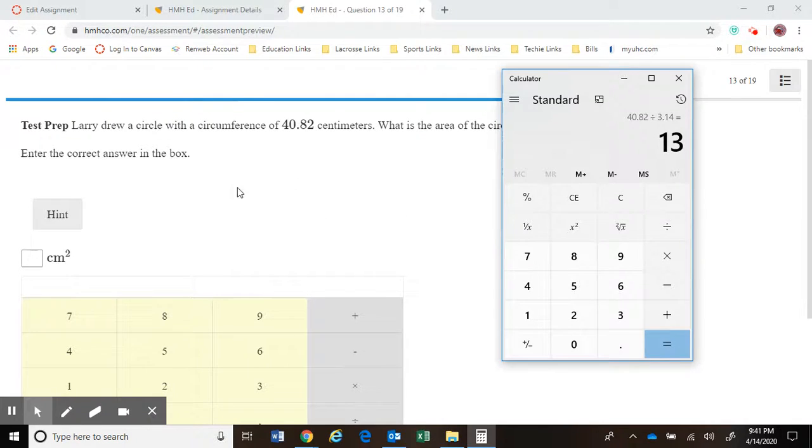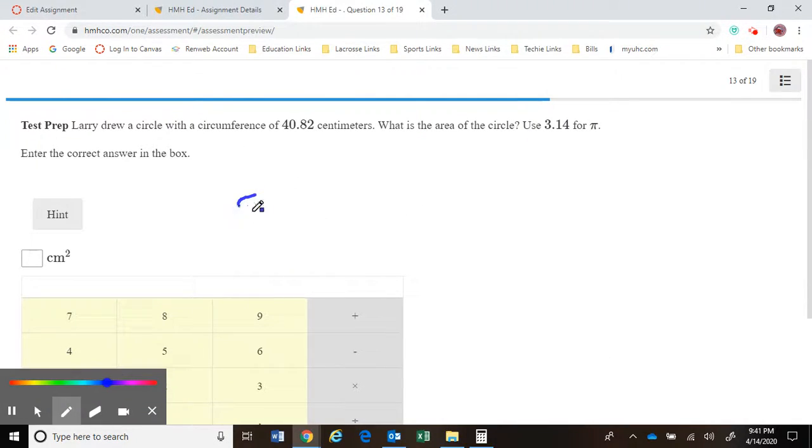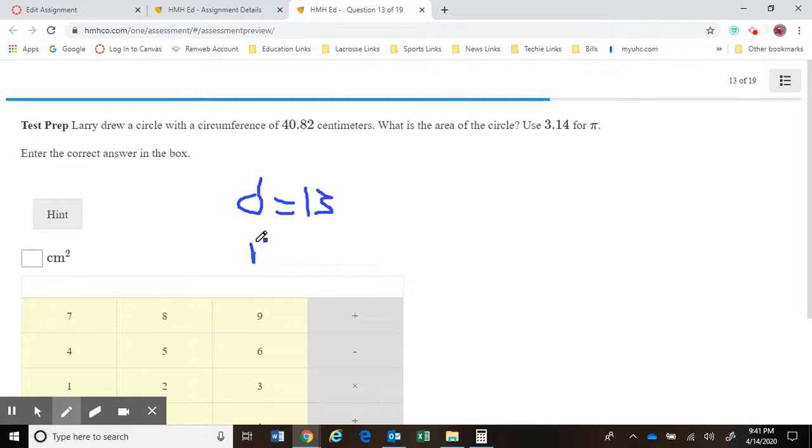That tells me right now my diameter is 13. That means my radius is 13 divided by 2. It's 6.5. And make sure you could read that, 6.5. Now I've got everything I need to know, right?